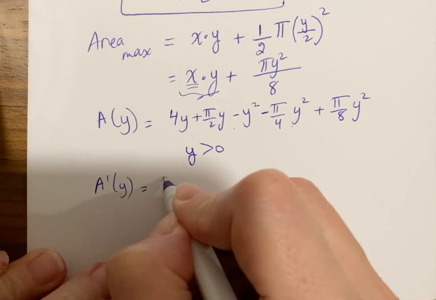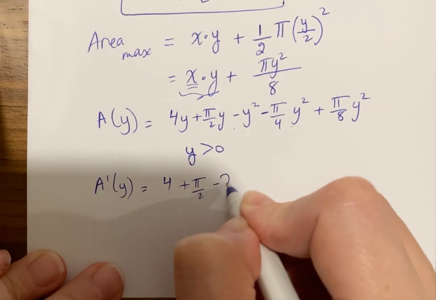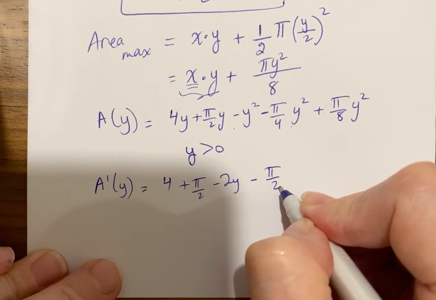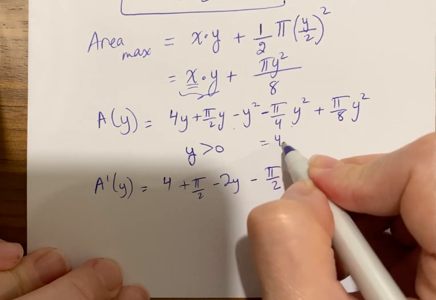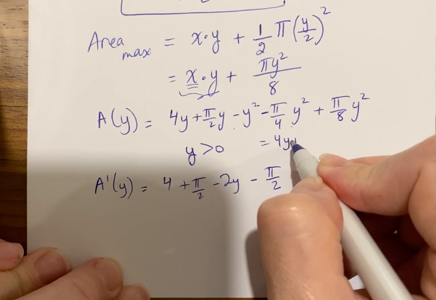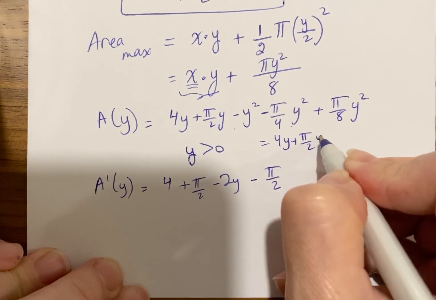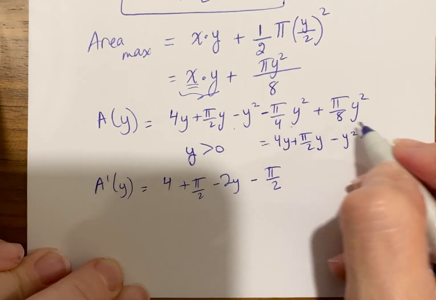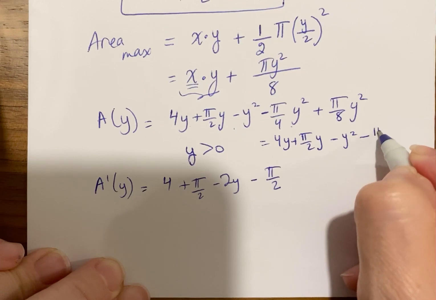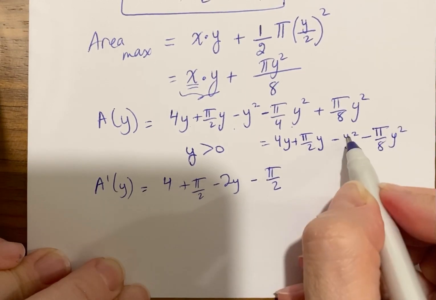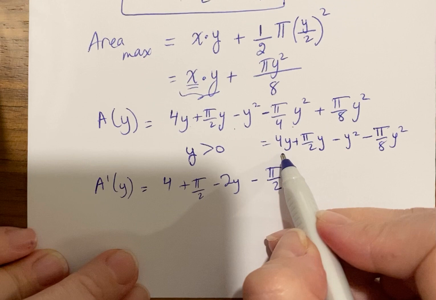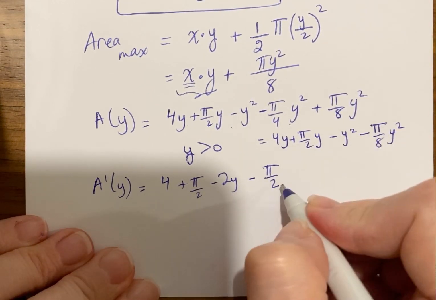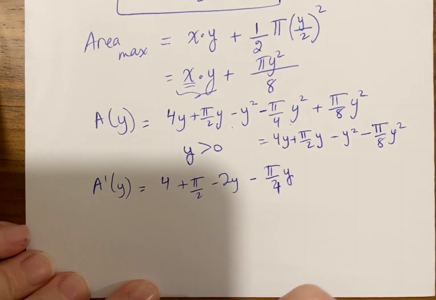A prime of y is equal to 4 plus pi over 2 minus 2y minus 2 pi over 8, which is pi over 4 y.